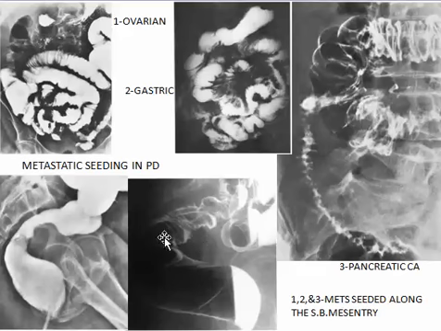Pelvic disease, metastatic seedling involving the sigmoid from anterior and from behind. 1, 2, 3 are in small intestinal loops invaded from outside, denoting multiple subserosal mesenteric mets.